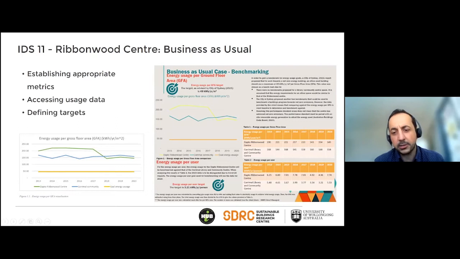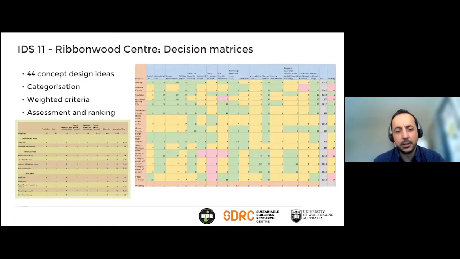In this case, for this IDS, we were lucky because the client had measured data. So we were able to use the data that he provided, although there were some issues around quality of the data. In the next stage, the students worked in groups.